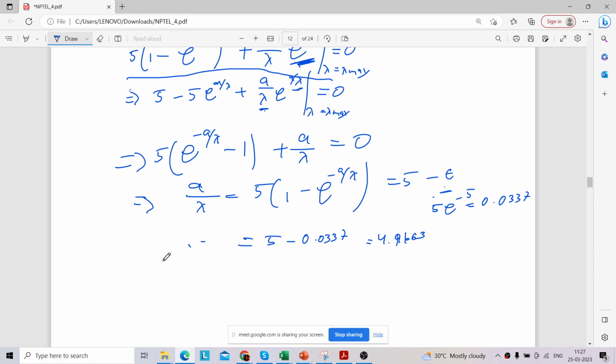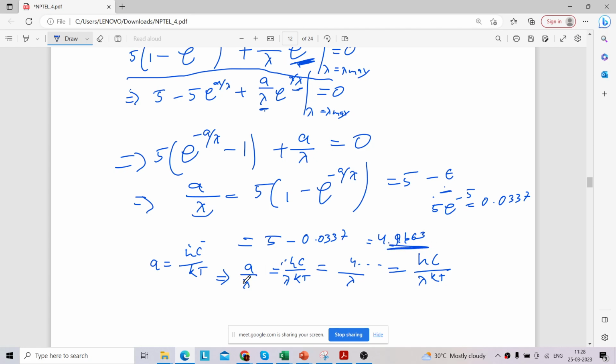So we have a equal to h cross c over kt. So let's put it. So a over lambda will be hc over lambda kt, which will be 4 point something over lambda, right? So I got a over lambda equal to this much.